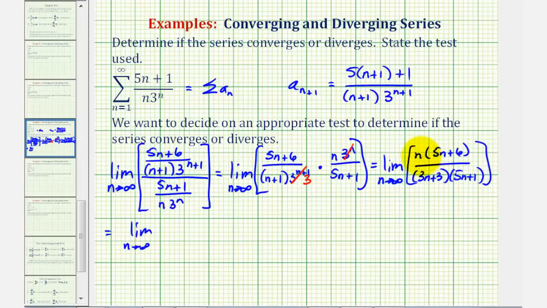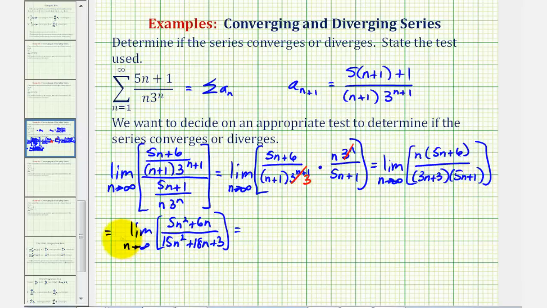The numerator would be 5n squared plus 6n, and the denominator would be 3n times 5n, that's 15n squared. And then we have 3n times 1, that's 3n, plus 3 times 5n, that's 15n. 3n plus 15n is 18n. And then 3 times 1 is 3.